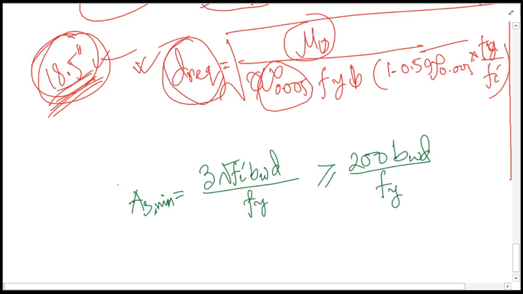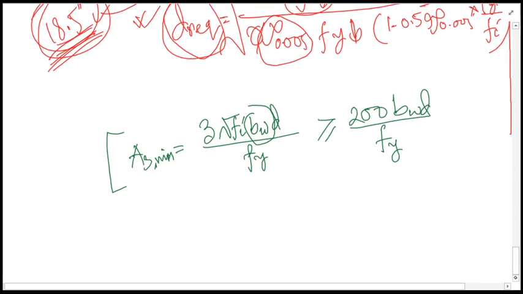And keep remembering one thing: in this case, which bw will you be using? If it is a rectangular beam, obviously you will be using the web, and even for the T-beam you will be using the width of the web.